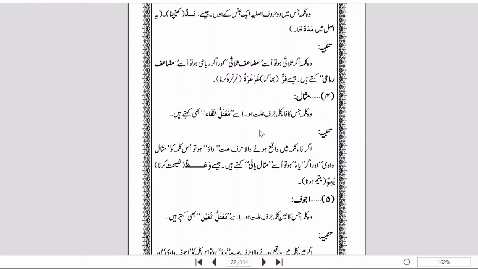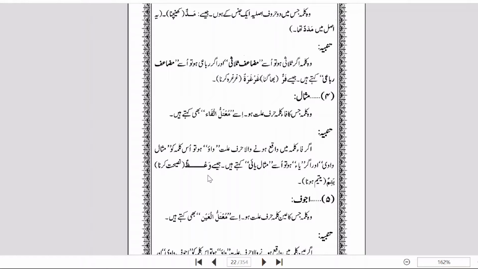The fourth type is known as misal. A misal is a word where the fa kalima has a harf illat. So if the harf illat in the place of the fa kalima is waw, then it is known as misale wawi, and if it's ya, it is known as misale yayi.